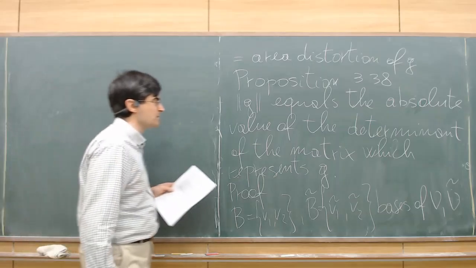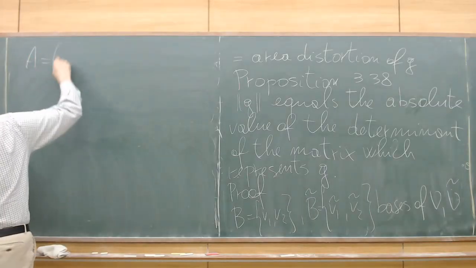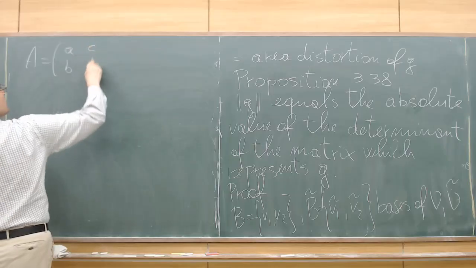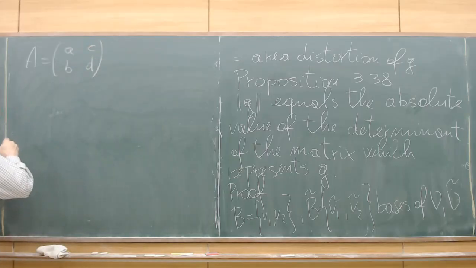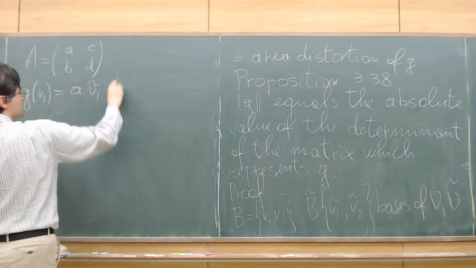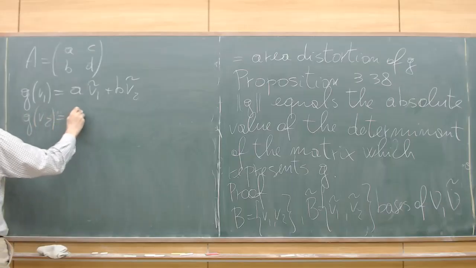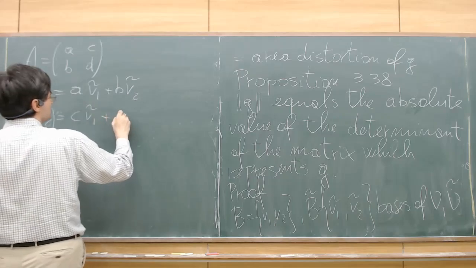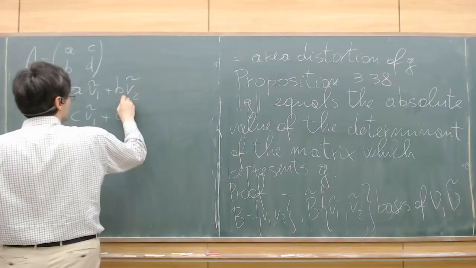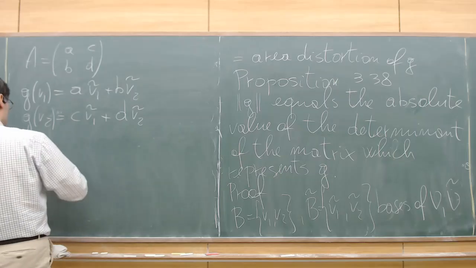If the matrix which represents G is this one, then GV1 is A V1 tilde plus B V2 tilde, and GV2 is C V1 tilde plus D V2 tilde. Then we can compute the distortion of area of G by using the formula I gave you before.